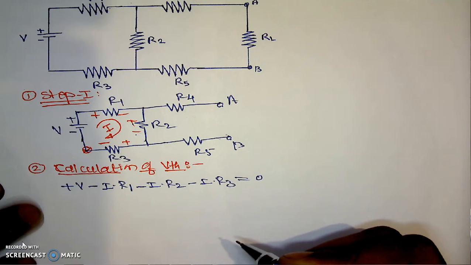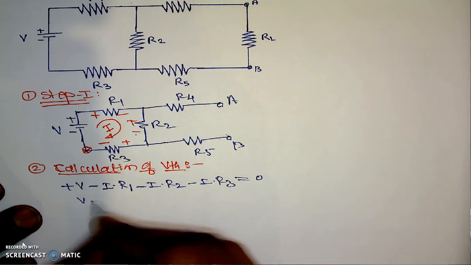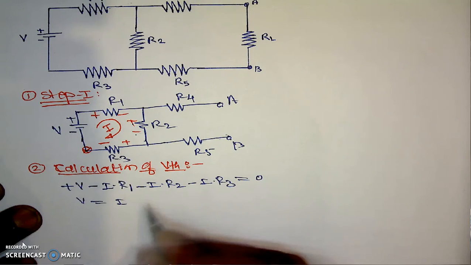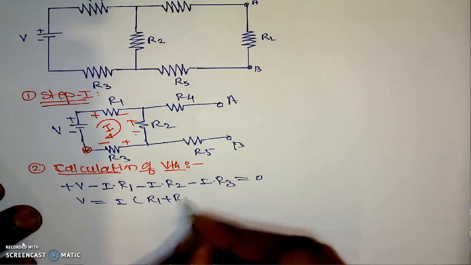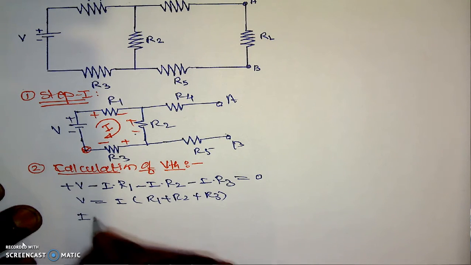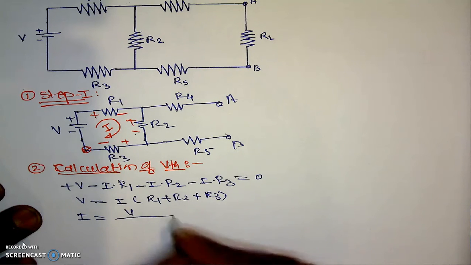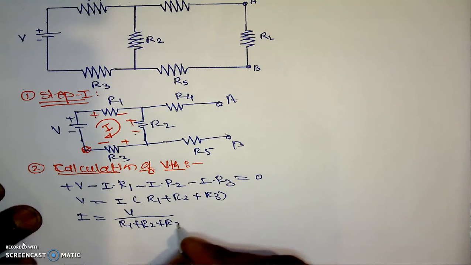From this equation, we can separate the terms. That is V is equal to I, shifting on the other side and taking it as common, R1 plus R2 plus R3. From this we can calculate its current. I is equal to V divided by R1 plus R2 plus R3.